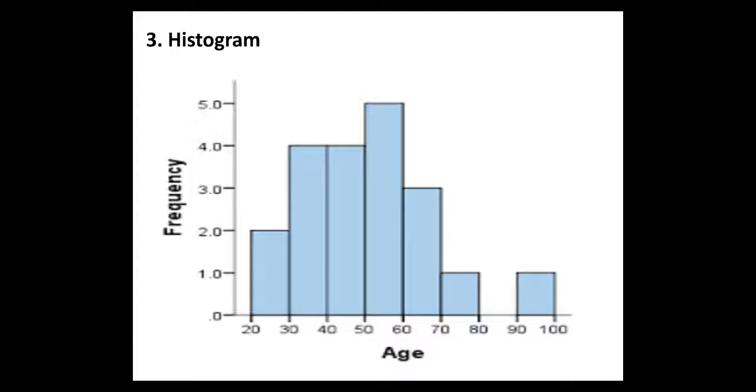That means it looks like vertical bars without any space between two bars, and once we draw the histogram, we also draw a trend line. With the help of the histogram and the line, we can easily predict what will happen in the coming years, or see what happened in previous years.